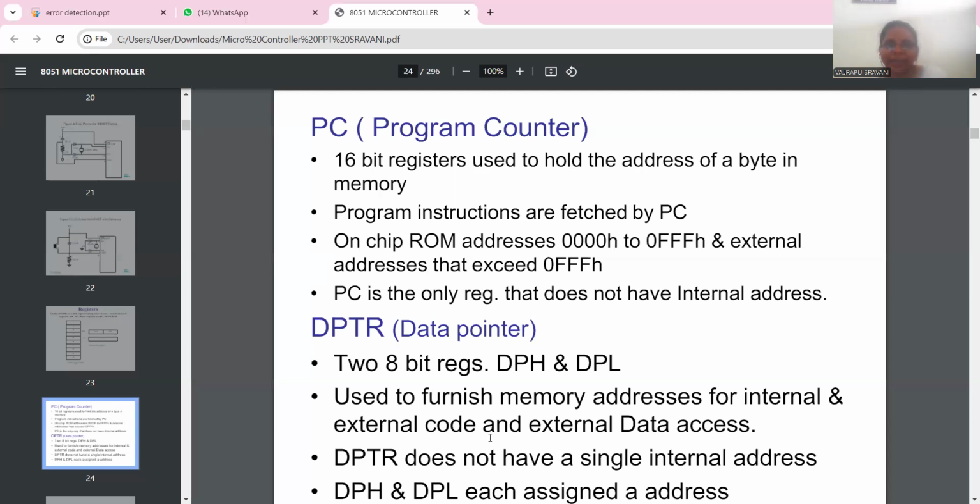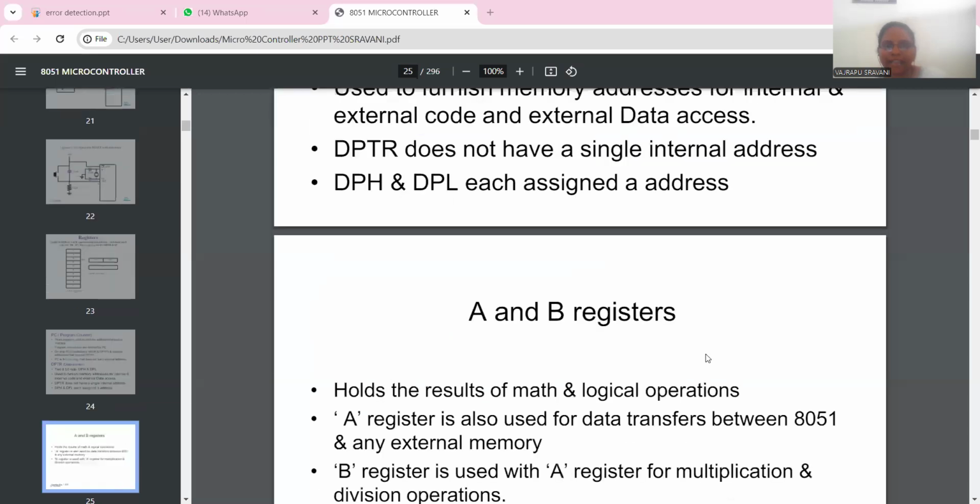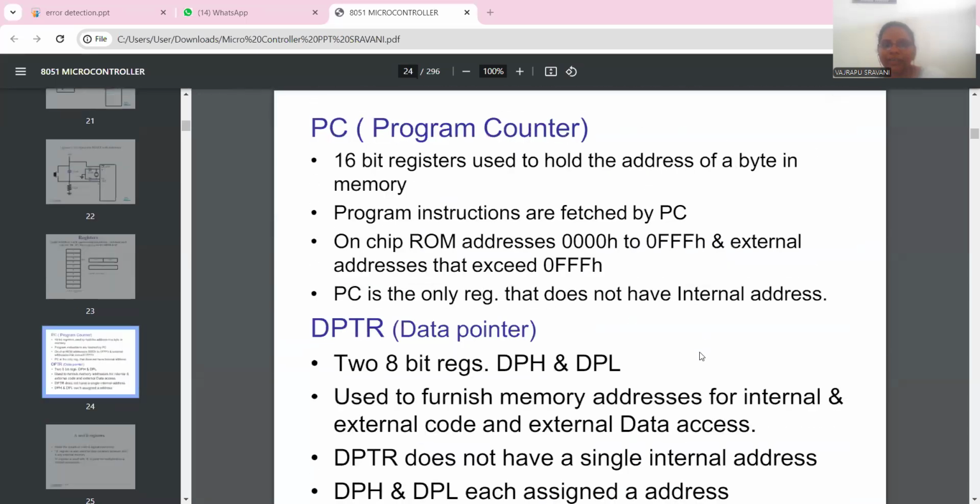Next one is the DPTR. DPTR is nothing but the data pointer, with the data pointer higher as well as the data pointer lower. It is 16 bits, that's why it is split into DPH, higher order, and DPL, lower order.